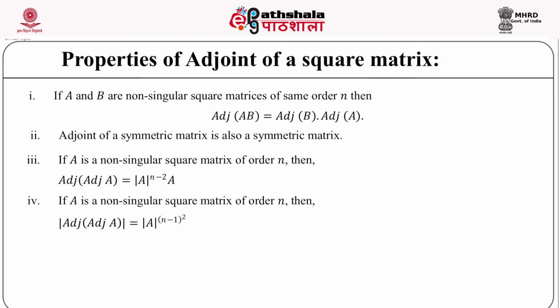If A is a non-singular square matrix of order n, then adjoint of adjoint A is equal to determinant of A to the power n minus 2 into matrix A. If A is a non-singular square matrix of order n, then determinant of adjoint of adjoint A is equal to determinant A to the power n minus 1 squared.